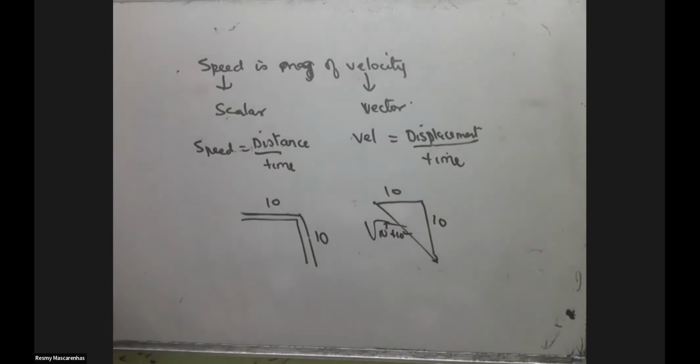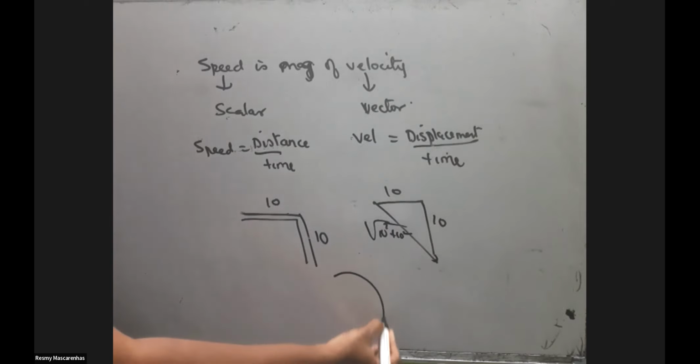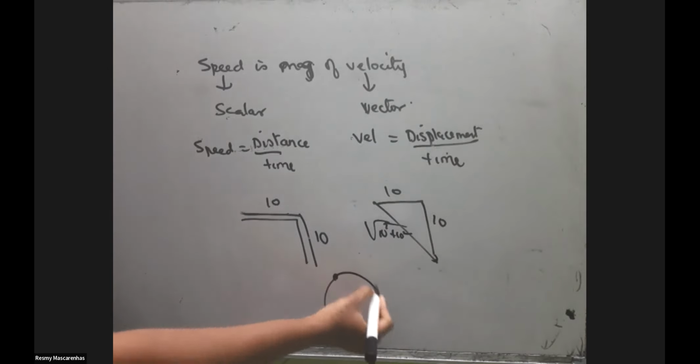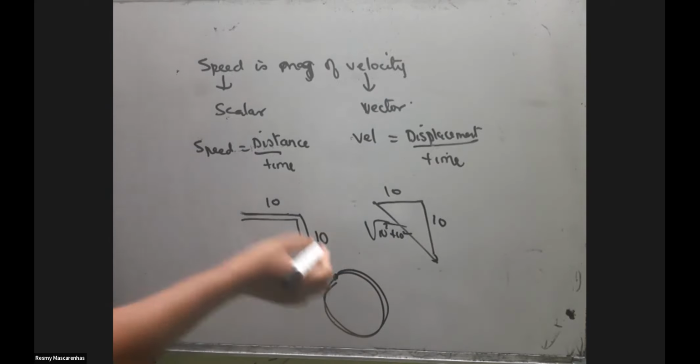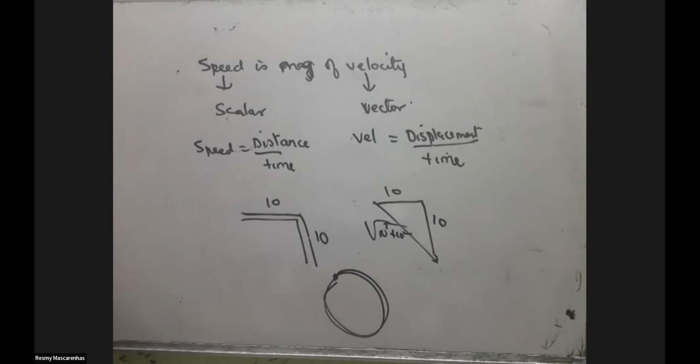Even here, suppose you take a full circle, distance would be the circumference, but displacement would be 0 if you end up at the same point from where you started. You go around the whole world and come back to the same point, displacement will be 0 because it depends on the final and the initial point.